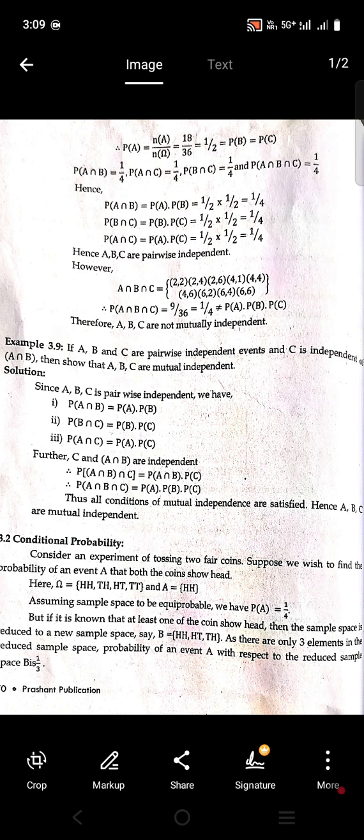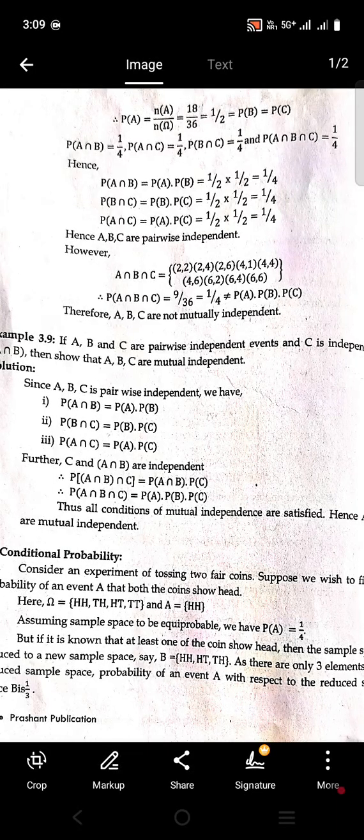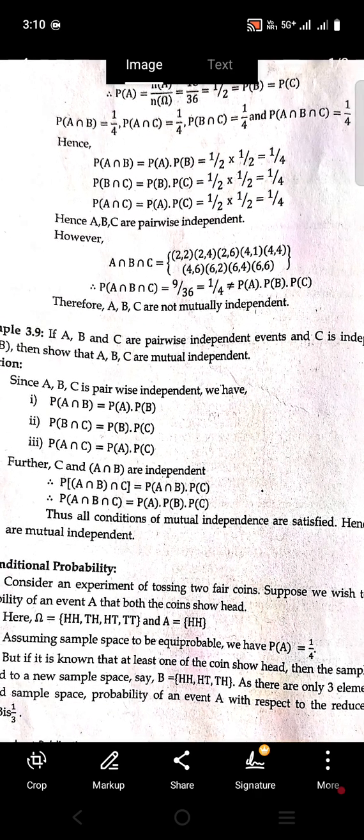But if it is known that at least one of the coins shows head, then the sample space is reduced to a new sample space. That is, at least one of the coins shows head. So the new sample space, say B, equals HH, HT and TH.